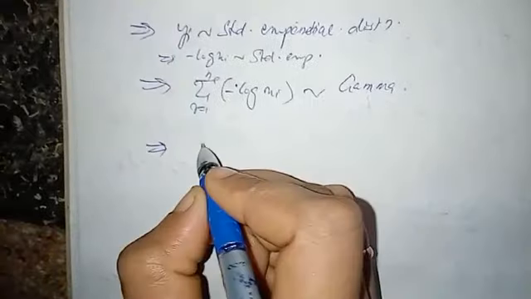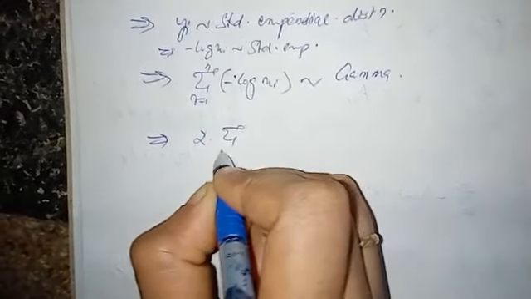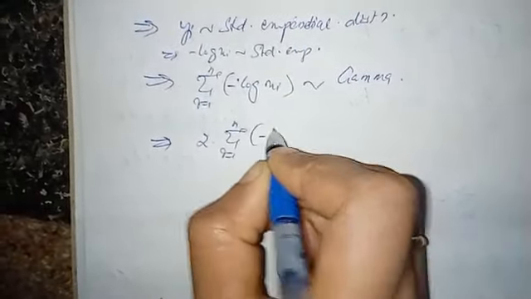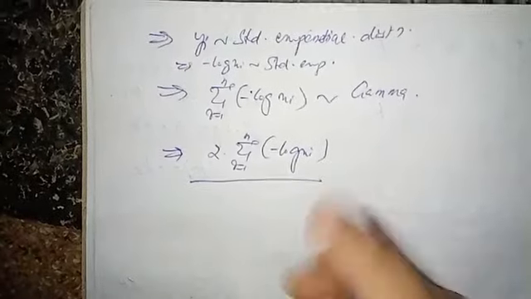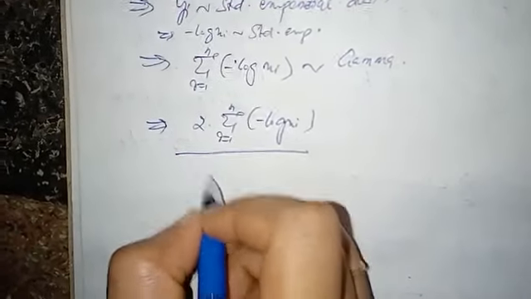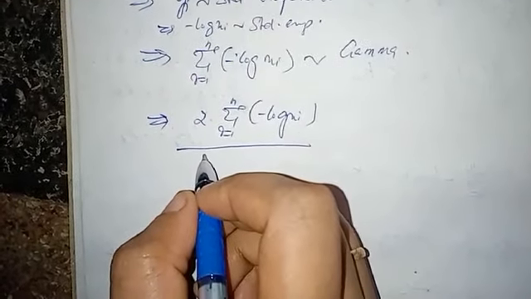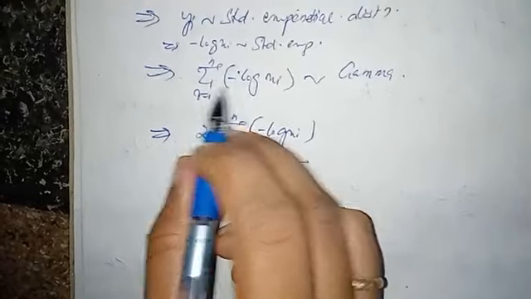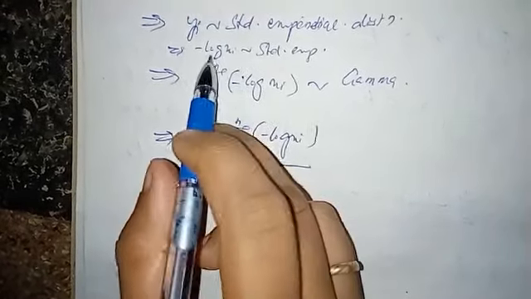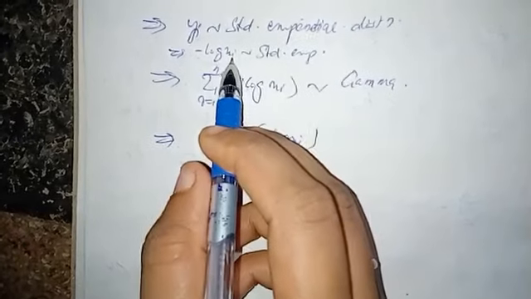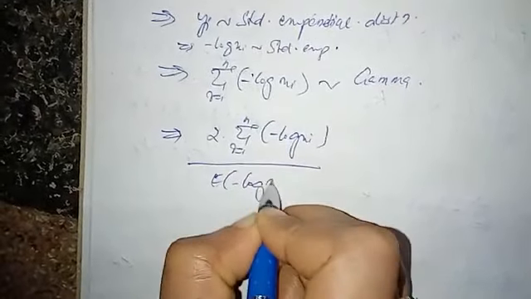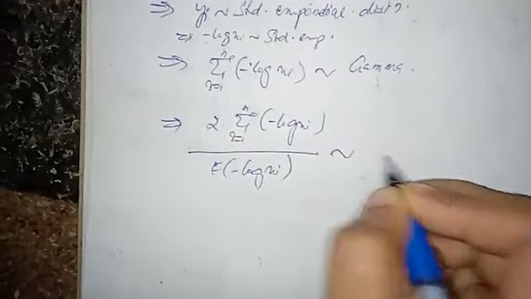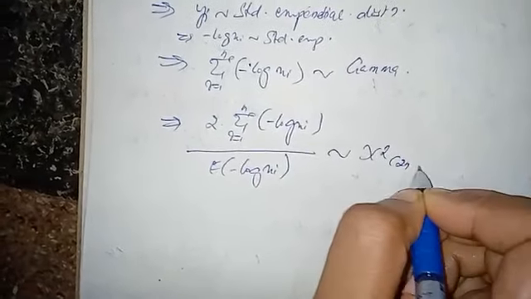Then 2 into summation i=1 to n of minus log xi, divided by the expectation of minus log xi, follows chi square with 2n degrees of freedom.